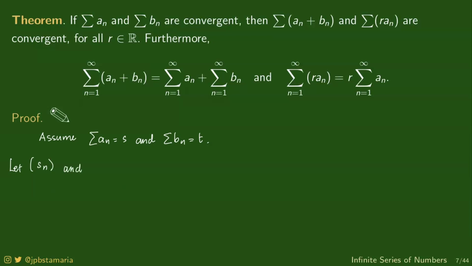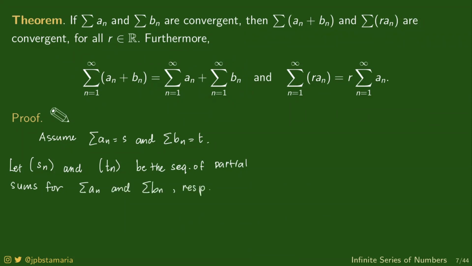Kunwari, Sn para dun sa summation An, tas Tn para dun sa summation Bn, be the sequence of partial sums for summation An and summation Bn respectively. Okay? Then what do we know about Sn and Tn? Si S sub n nagko-converge kay S, si T sub n nagko-converge kay T kasi given na yun yung sum, no?